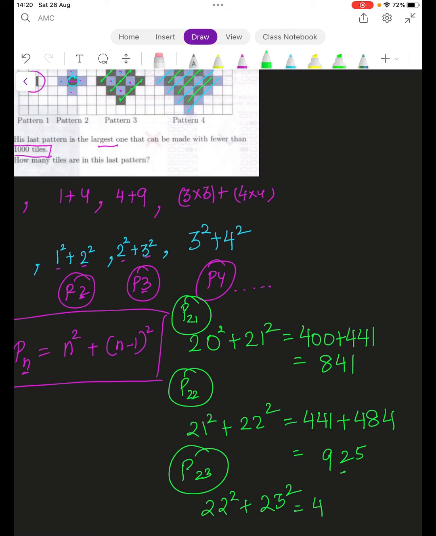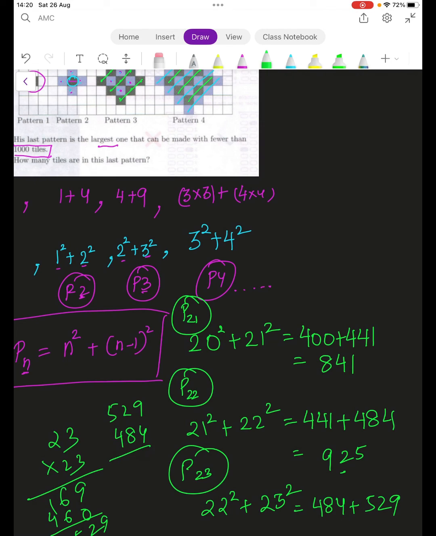Oh, that's quite close to being 1000, but just to make sure, let's go ahead. 484 and 23 square is 529, and 529 and 484. Oh, we can see that this has crossed the value, and now this has become a 4-digit number.